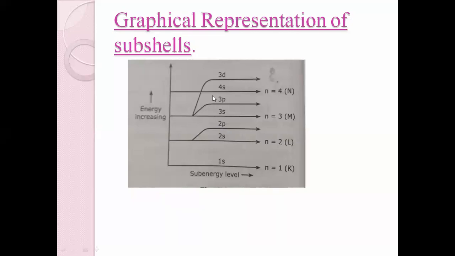Similarly, 3s has got lesser energy in comparison to 3p, but the 4s subshell has got lesser energy in comparison to the 3d subshell of the third main shell. तो जैसे जैसे size increases, energy also increases. ठीक है?